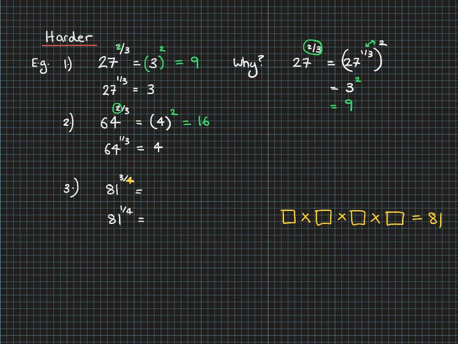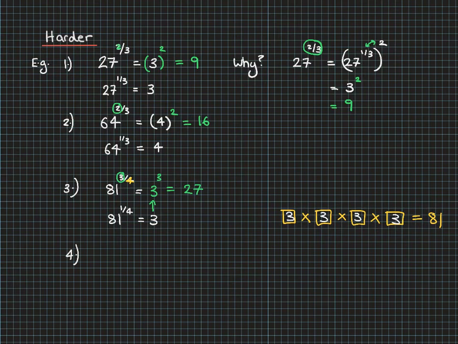Can you think what that number is? It's 3. 3 times 3 is 9, times 3 is 27, times 3 again is 81. So 81 to the power of 1/4 is 3. That's the fourth root of 81. I now need to work out the numerator power, which means I need to take this 3 and raise it to that power, and that gives me 3 to the 3, which is 27.